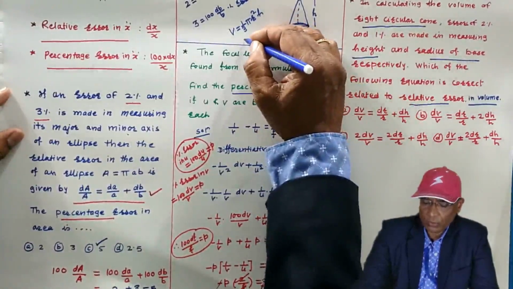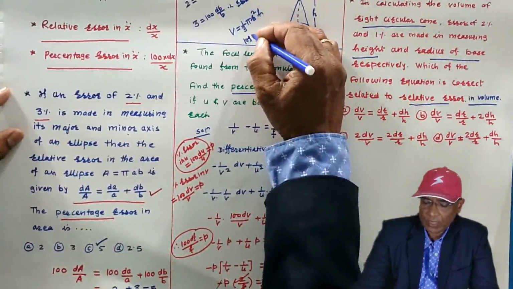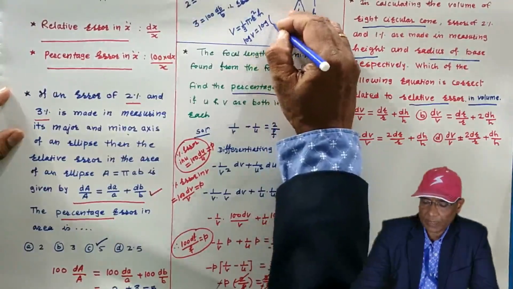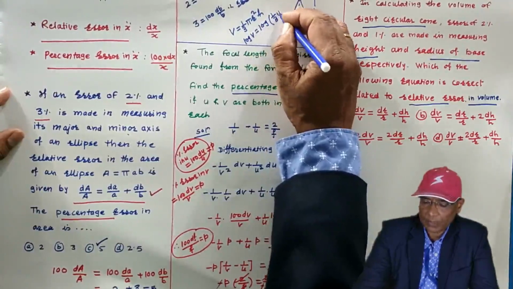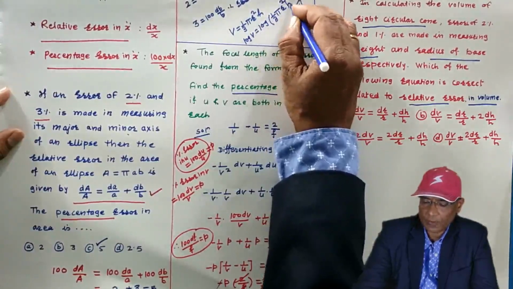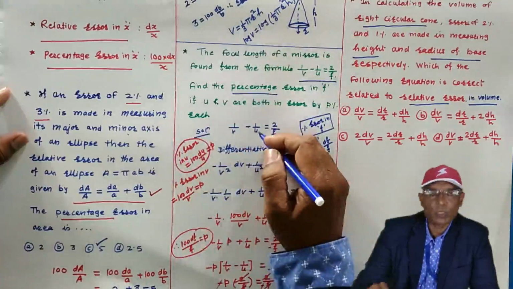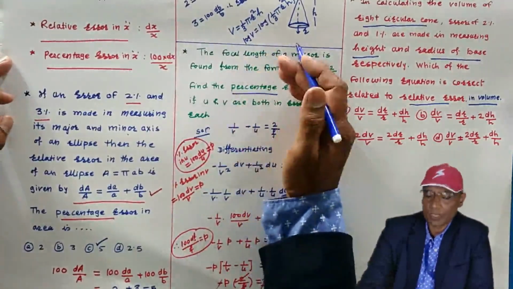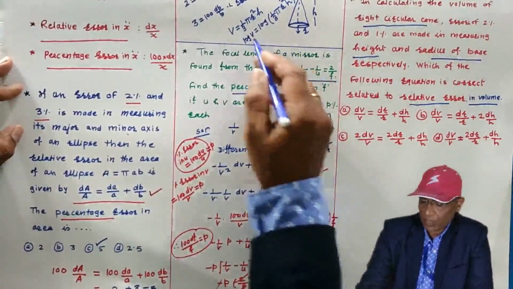What am I going to do? The log of the left hand side is equal to the log of the right hand side: 1 by 3 pi r square h. Log of both the sides I am taking. And by the law of logarithm, log of a into b into c is log of a plus log of b plus log of c.